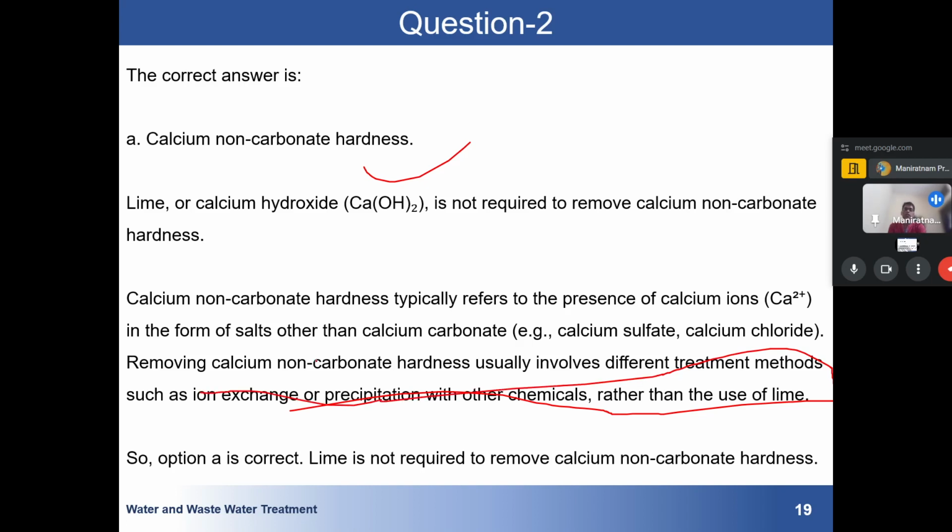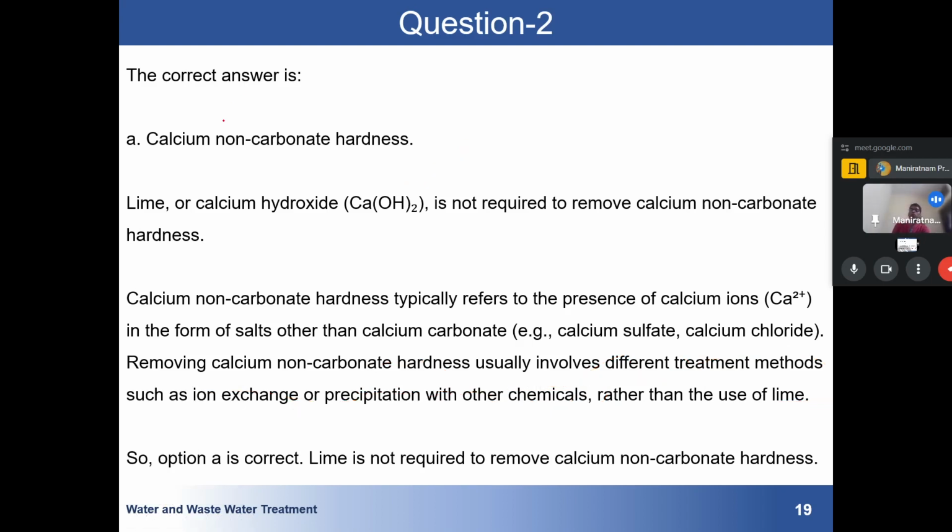I have written it incorrectly. Oh no, no, sorry, I have written it correctly.